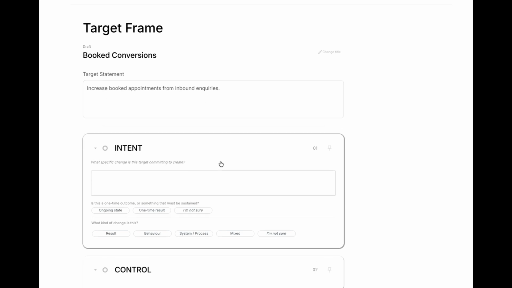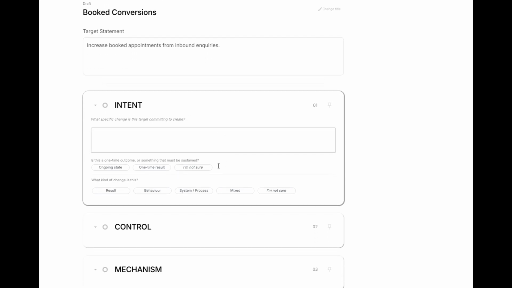In the target frame, you'll be asked across 5 lenses to break down your target. We start with intent. What specific change is this target committing to create?